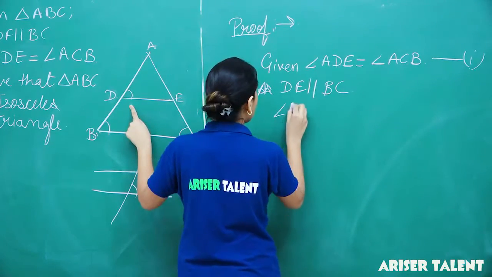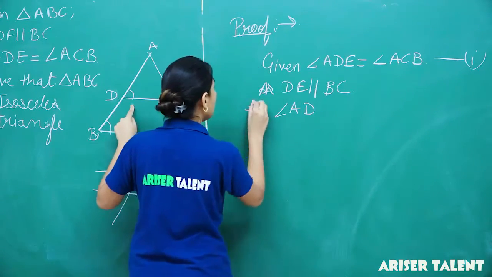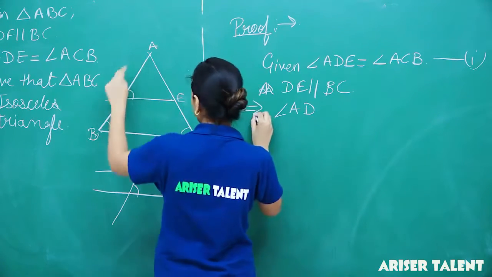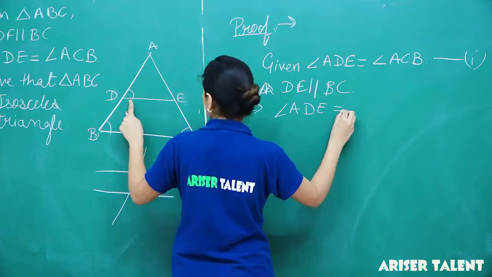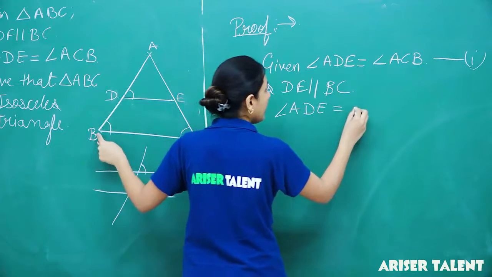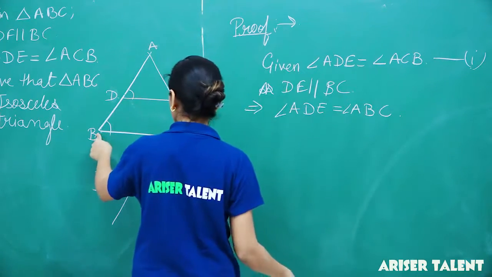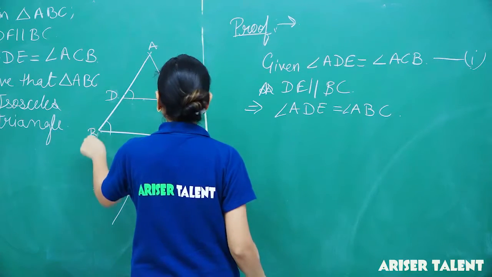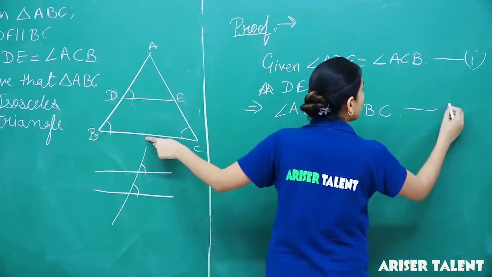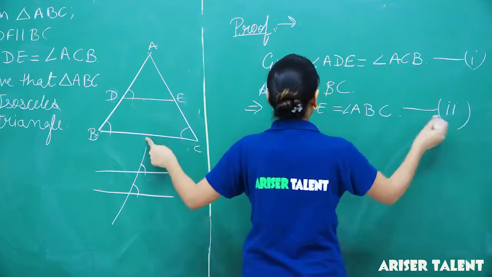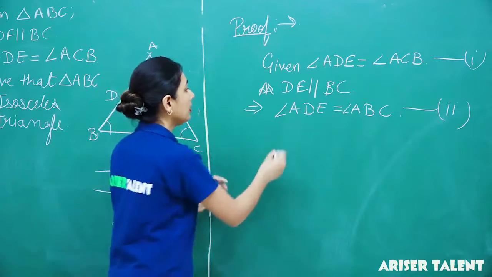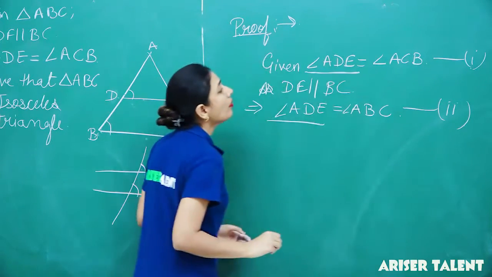angle ADE is equal to what? Angle ABC. Right, this angle is equal to this angle. Second, now find out the common one. This is the common.